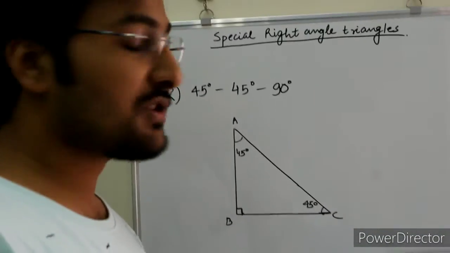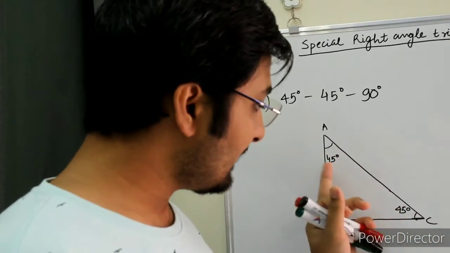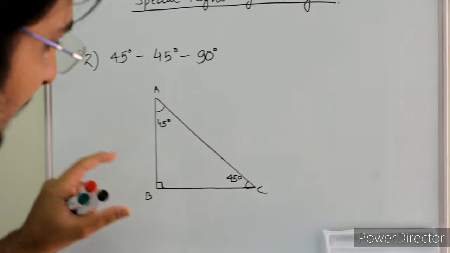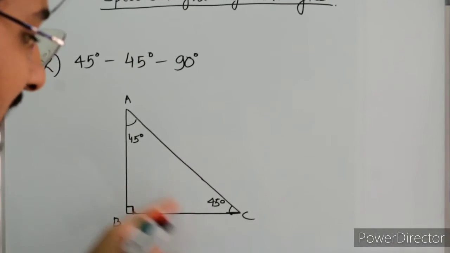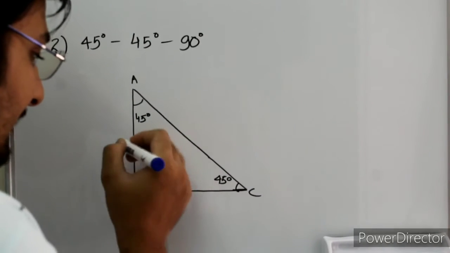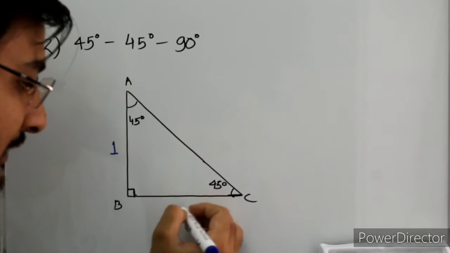Okay, so the second special right angle triangle is 45, 45, 90, when the angles are 45, 45 and the 90 degree. So guys, we know that when 2 angles are equal, their corresponding sides are also equal. Hence, if let's say this is 1 centimeter, so that will also be 1 centimeter.